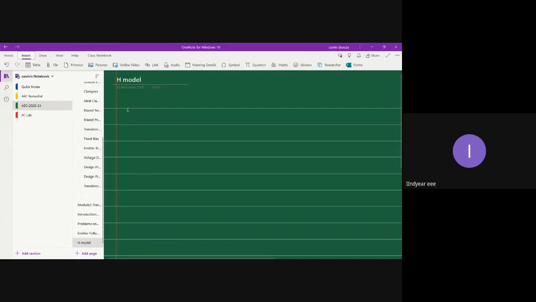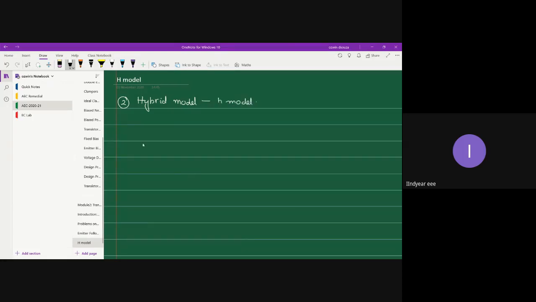Okay, fine. So this is your second transistor model. This H model is also called the hybrid model. So in short, H model.